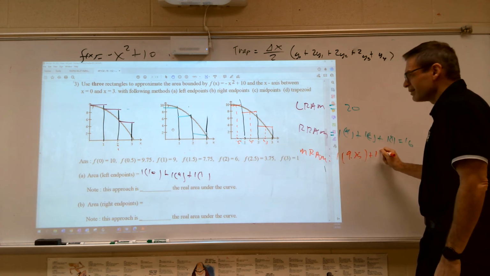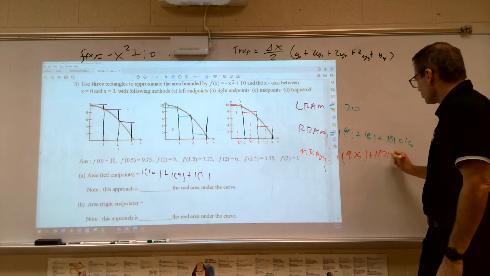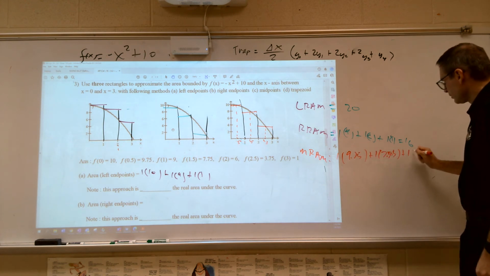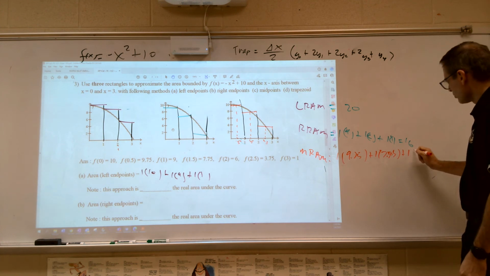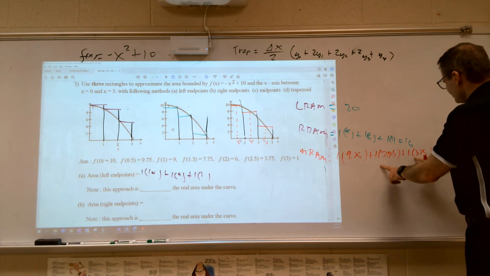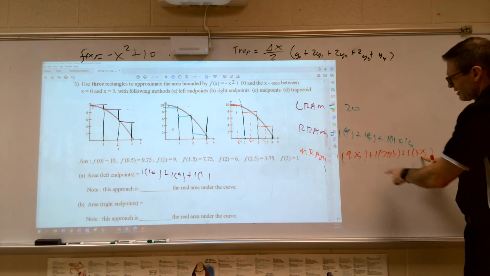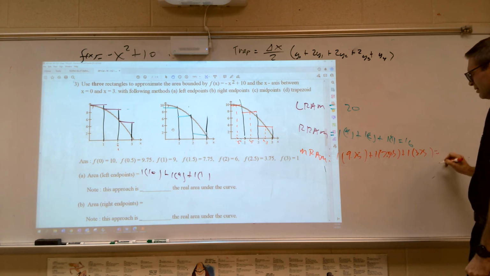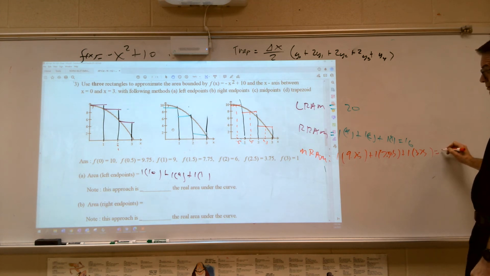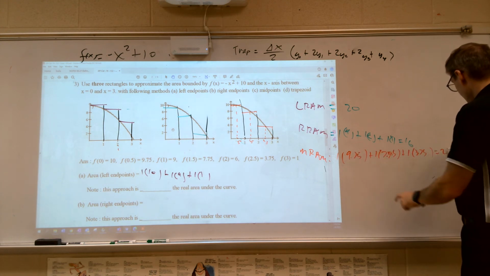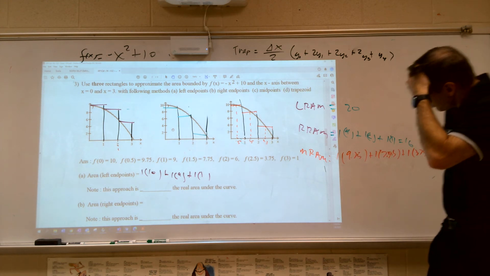Base is still 1, the height is 7.75. Base is still 1, and the height in this case is 3.75. And 10, 11.5, I think that's 11, 9, I think that's 21.25.